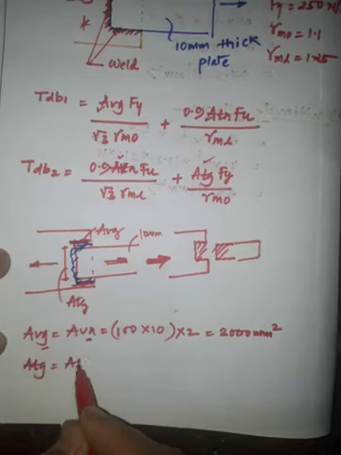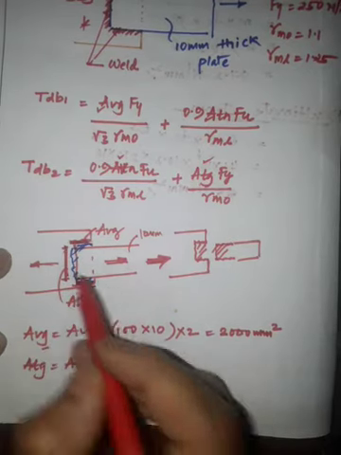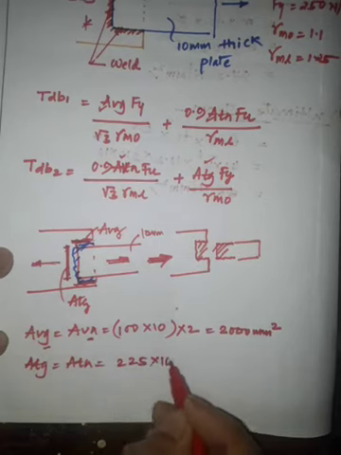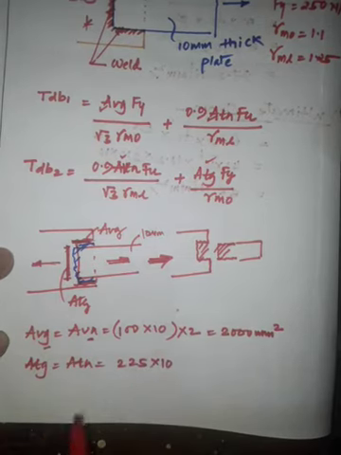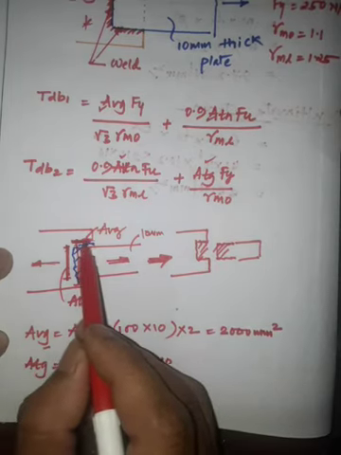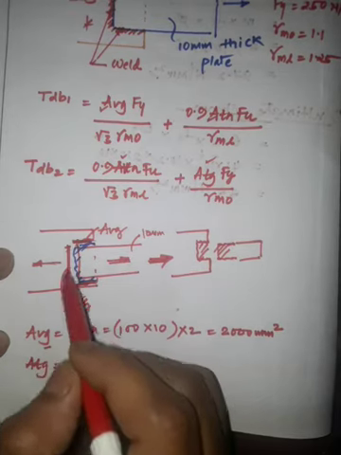Then regarding ATG and ATN, this will be in this direction. ATG, this length is given as 225, so 225 into 10. Don't multiply by 2 here, because we have only one path of failure. In the longitudinal direction we have two paths, that's why I multiplied by 2. But in this direction we have only one path.